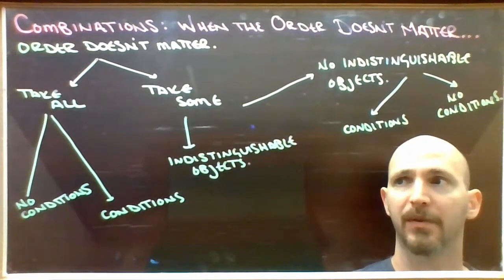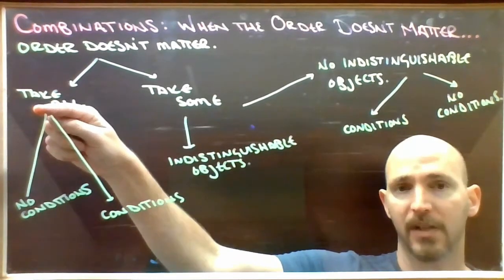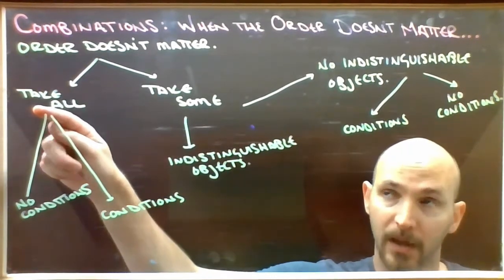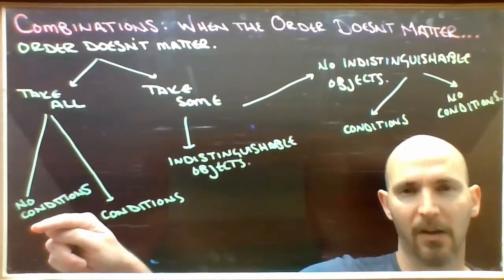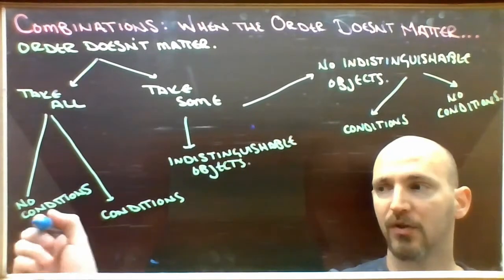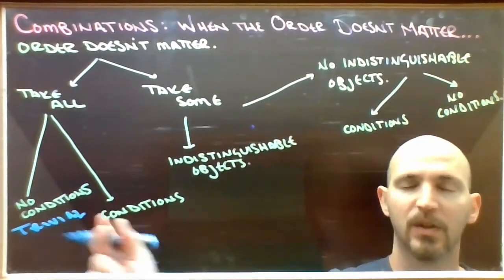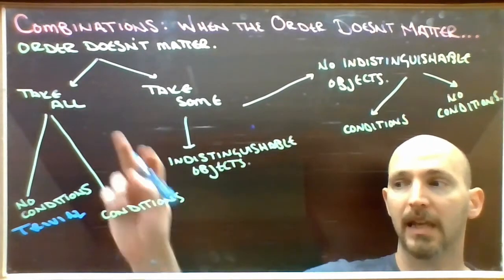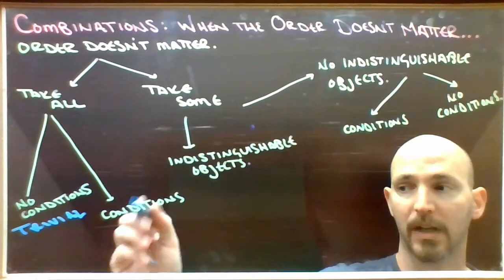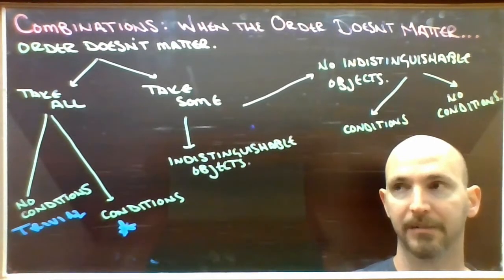We already went through that if you take all of the objects in question, so 8 members show up, you choose to take all of the members. If there are no conditions on how you choose them, then this is a trivial question. So you won't be asked one like that because it's a waste of your time. If there is a condition, we're going to have to think about that. We're going to do a few questions like that in a second.